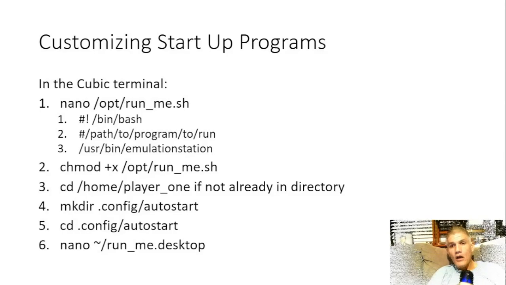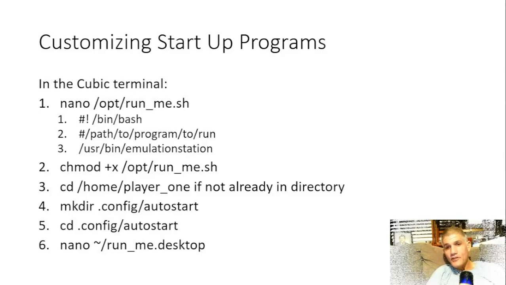So we're going to type nano /opt/run_me.sh. We're going to include the path to bash, which in our case and most other cases is going to be the hashtag and the exclamation mark, known as shebang. So #!/bin/bash. And then the next line, I just put a comment, which is also denoted by a hashtag.